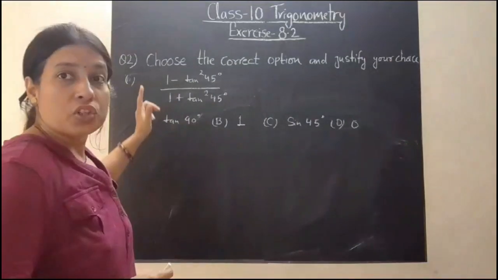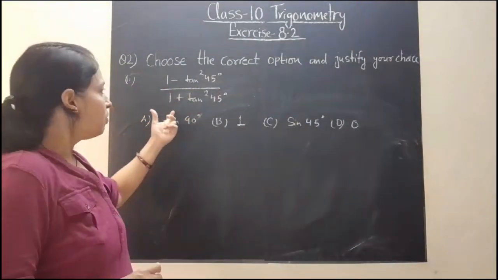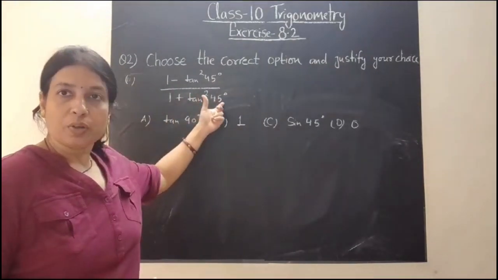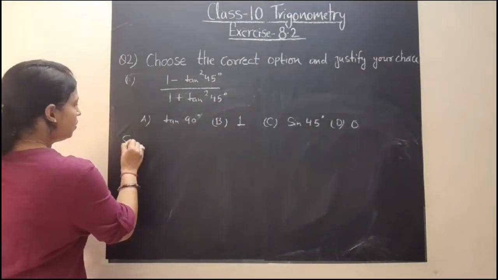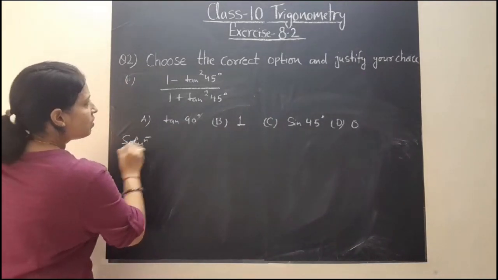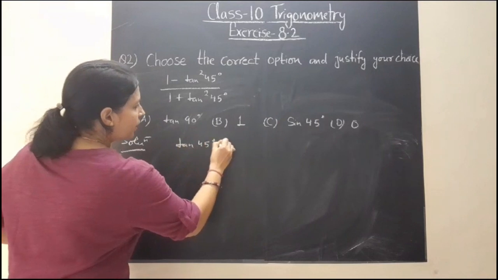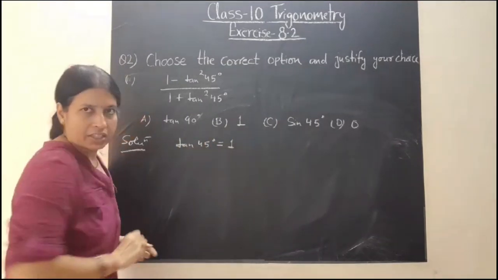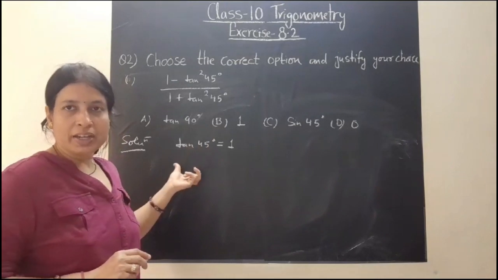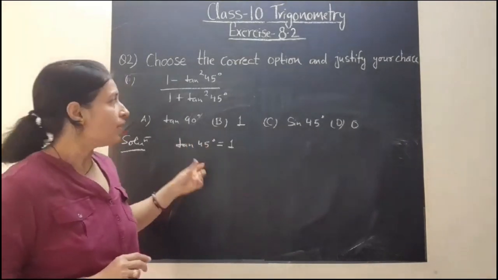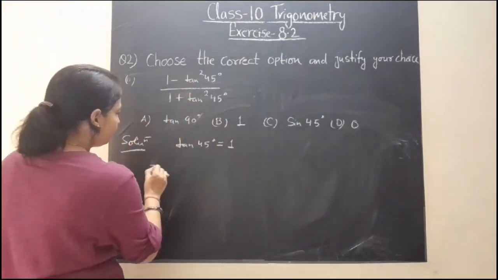So second part of question number 2 is given 1 minus tan square 45 degree divided by 1 plus tan square 45 degree. So first we write value of tan 45 degree. What is value of tan 45 degree? Tan 45 degree is equal to 1. It is very simple. So always remember that tan 45 is equal to 1 and cot 45 is also 1. So write here value.